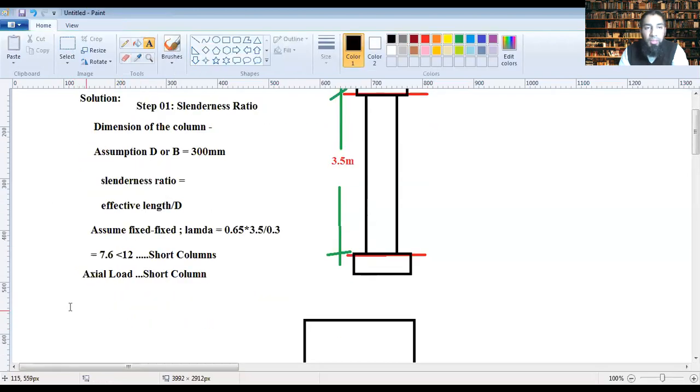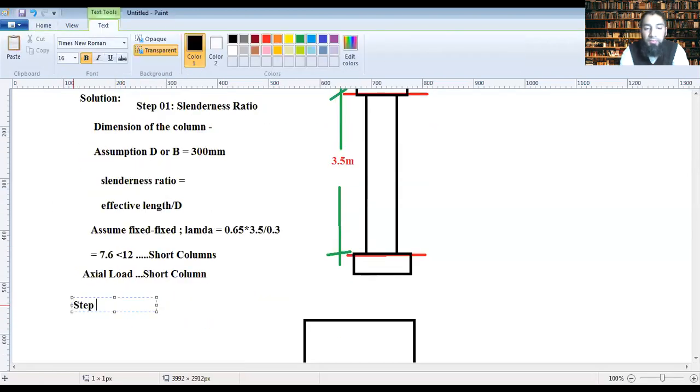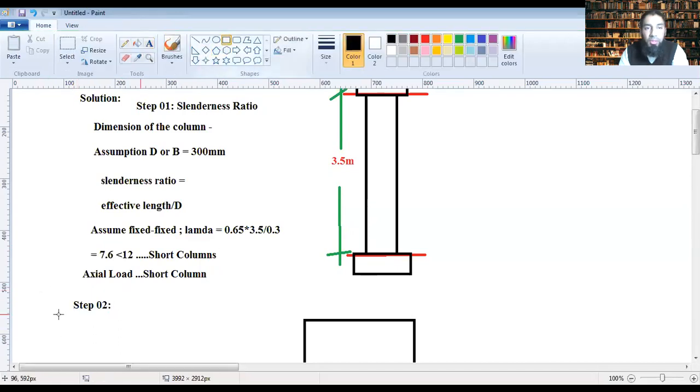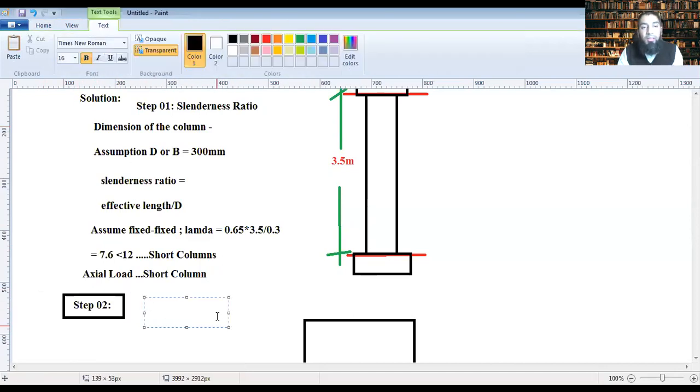So what's your step number 2 now? You have to now determine the eccentricity of the column. And actually you are determining the minimum eccentricity of the column. There is no eccentricity as such acting through load.